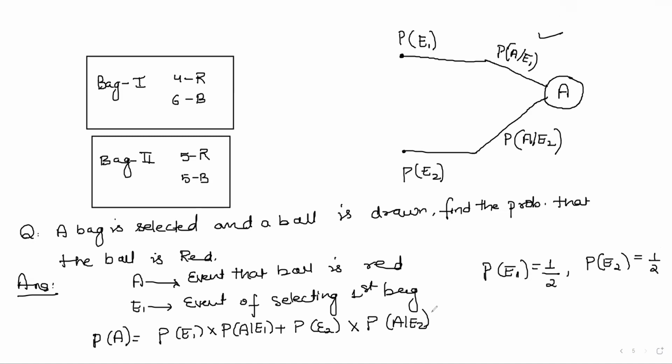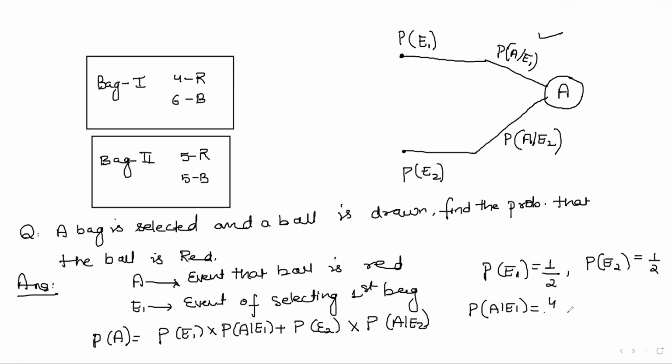P(A given E1) means from the first bag we are selecting a red ball. So what will be the probability? From the first bag you are selecting a red ball, 4 by 10.